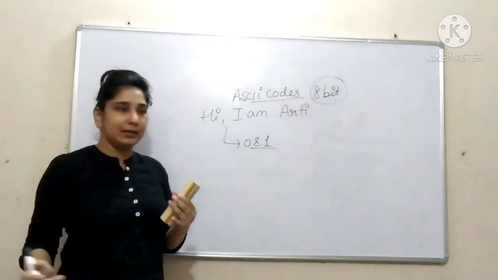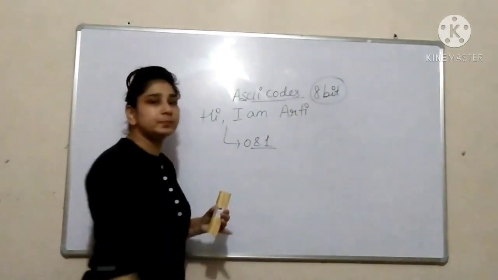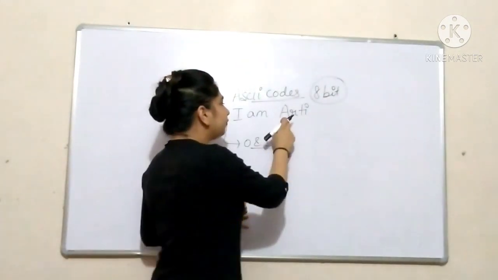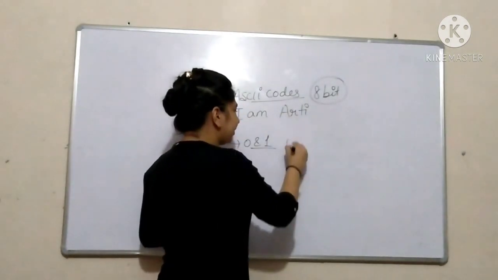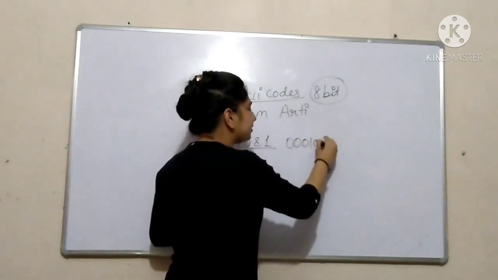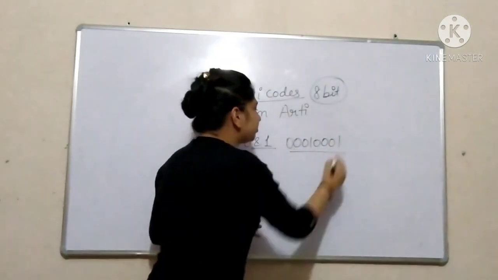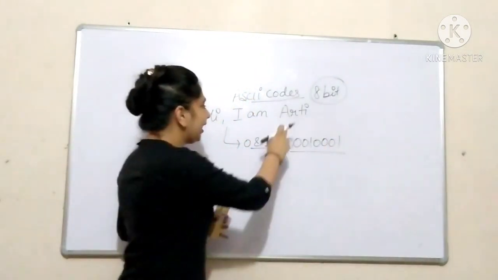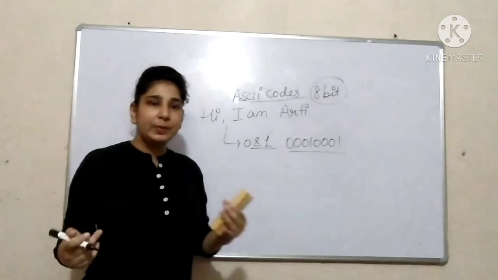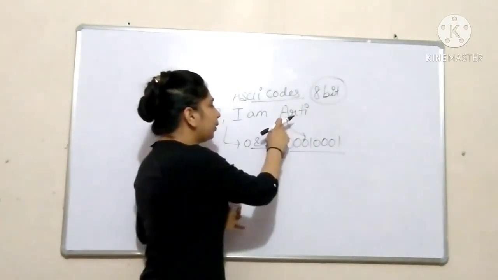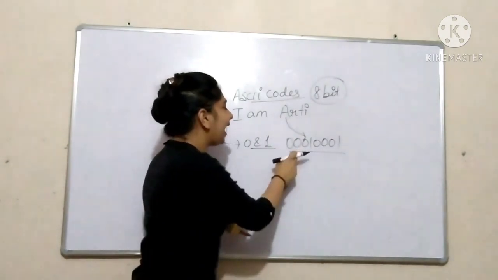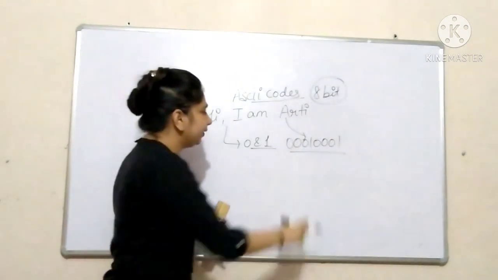Let's suppose for A, I am having 8 bits. I am just assuming it. Let's suppose for A, we have these 8 bits. To represent A, these are the 8 bits we will be using to convert from high level language to binary language.